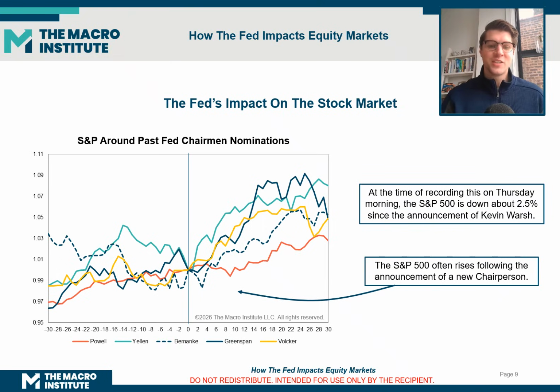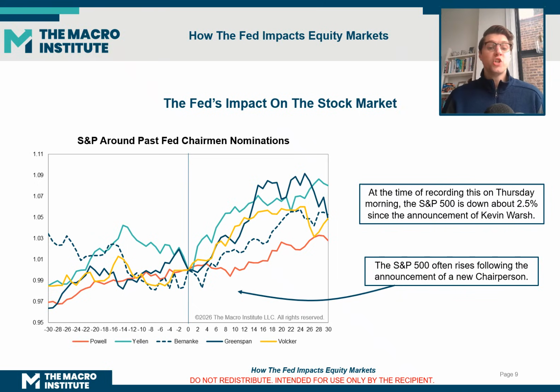I wouldn't draw too much from it, just because we're about to have, or we just had, our Fed chairman nomination. So we also looked at the stock market changes following and leading up to the announcement of the next Fed chairman or chairwoman, in the case of Janet Yellen.